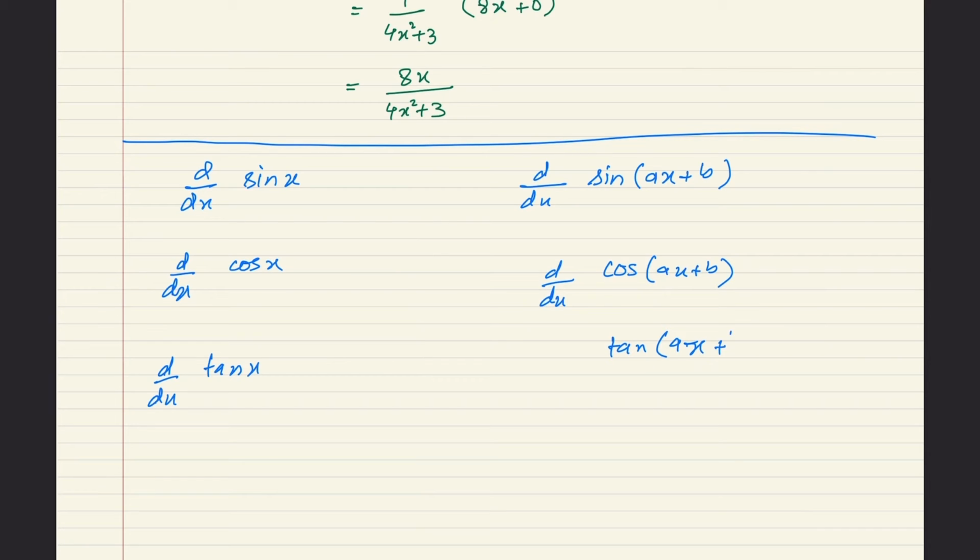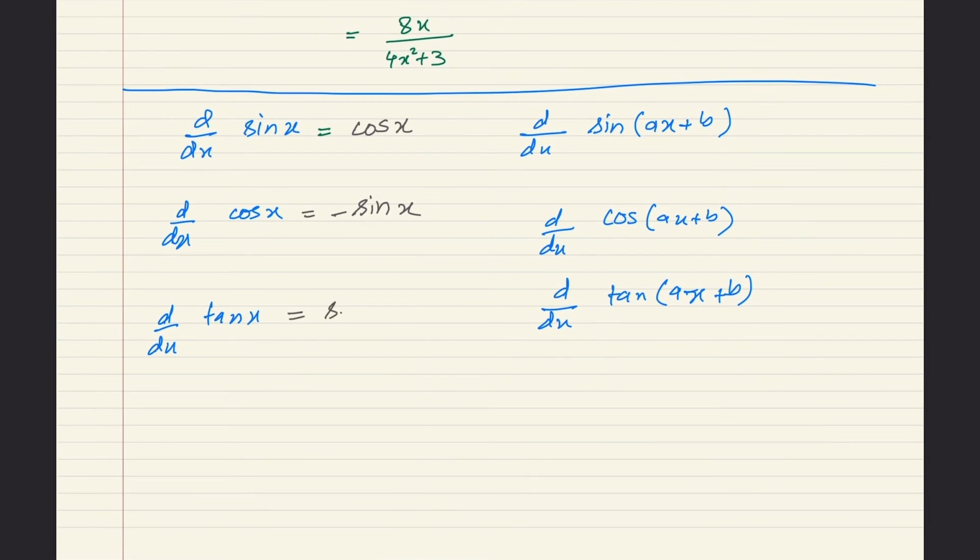Remember, this extension formula is the same for all derivatives of the inside function. Just remember only this: the derivative of sin x is cos x. Remember, the derivative of sin x is always cos x. The derivative of cos x is minus sin x, and then the derivative of tan x is secant square x.